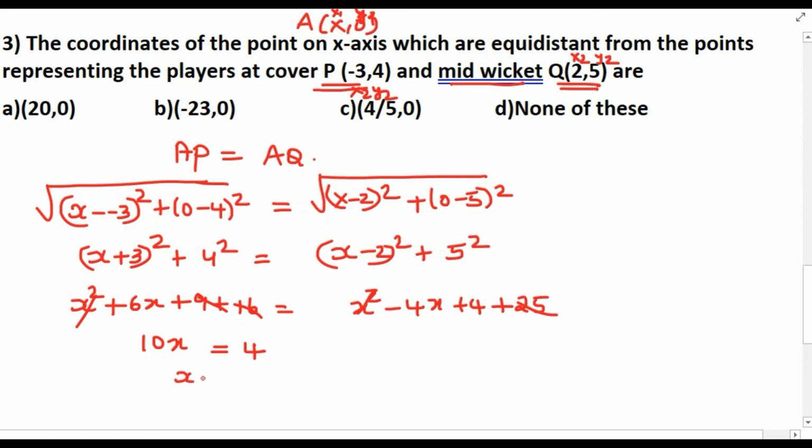Therefore x is equal to 4 by 10. So the coordinate on the x-axis will be 4 by 10, 0. But we have 4 by 5 here, and none of these will be our answer because our answer is not there in the brackets. So 4 by 10, 0.